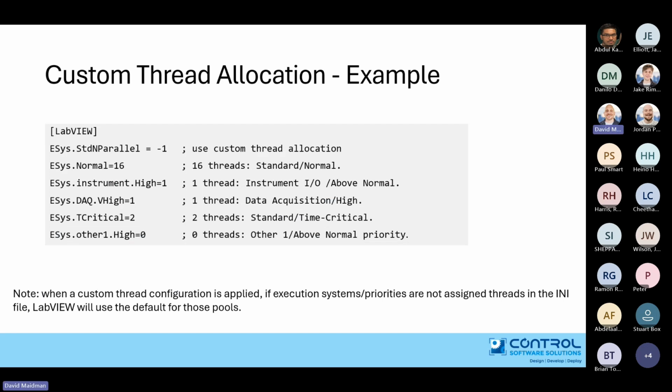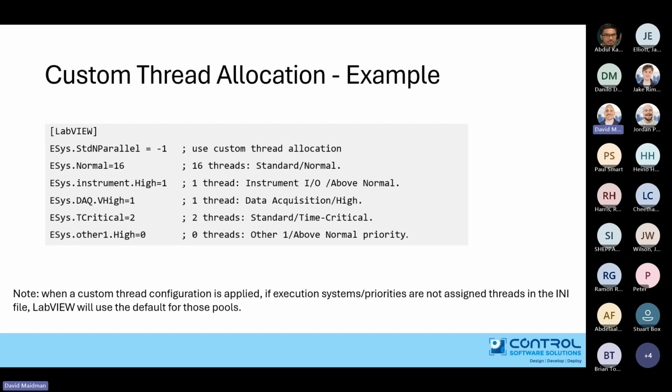If we put ESYS.stdn.parallel equals -1, we're saying use custom thread allocation. ESYS.normal equals 16 means we'll have 16 threads for the standard execution system at normal priority. Skim down a couple more.